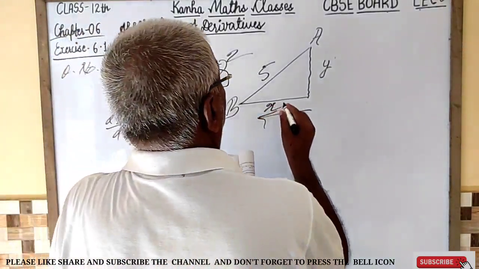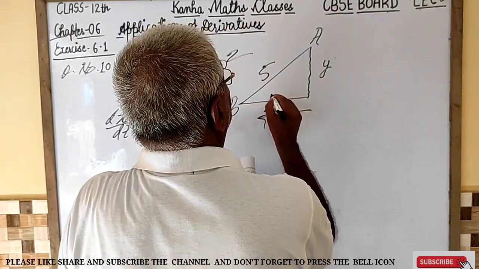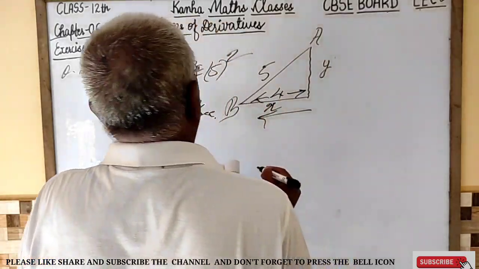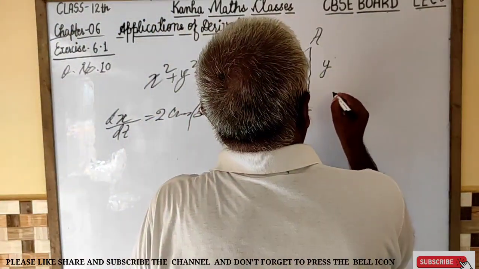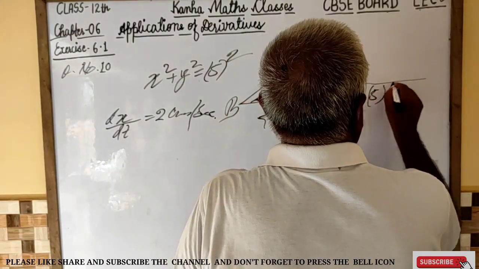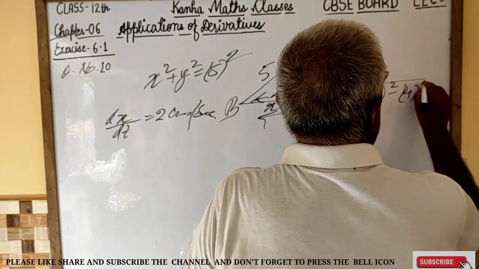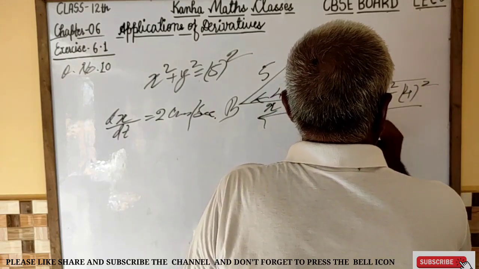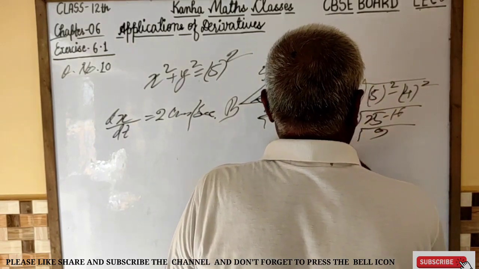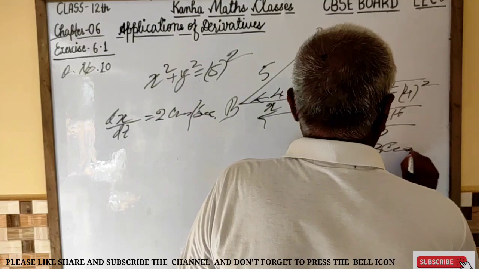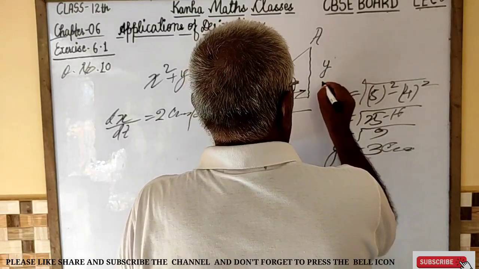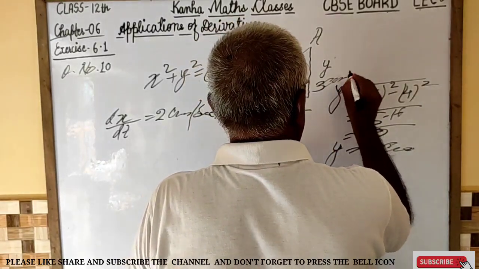This distance is 4 meter away from the wall. Then by virtue of the right angle triangle, y will be equal to under root 5 square minus 4 square, that is 25 minus 16, that is root 9, means y is equal to 3. The height on the wall is 3.